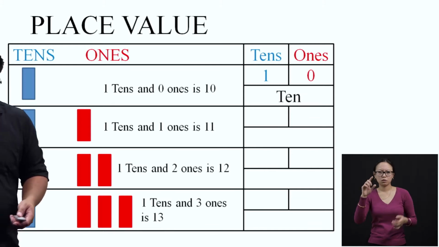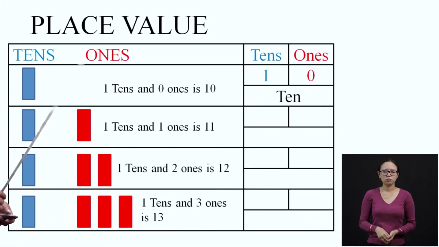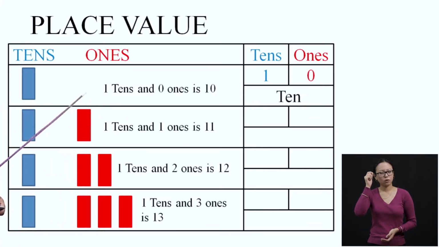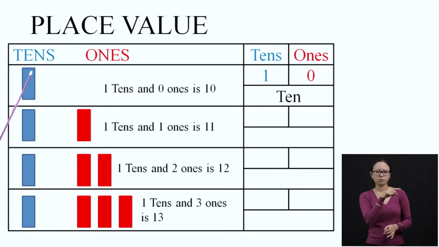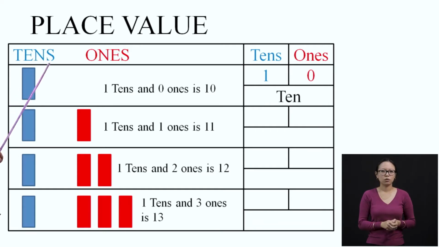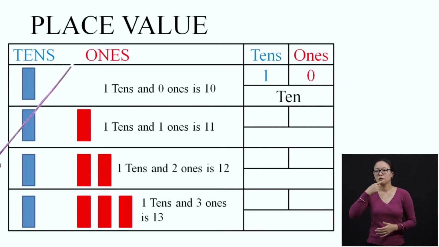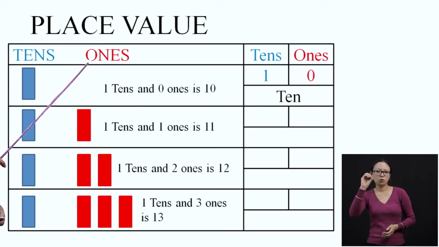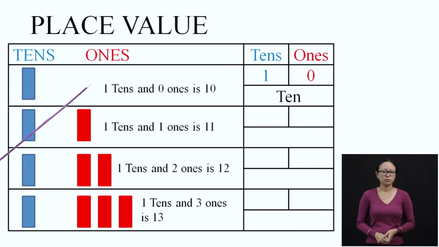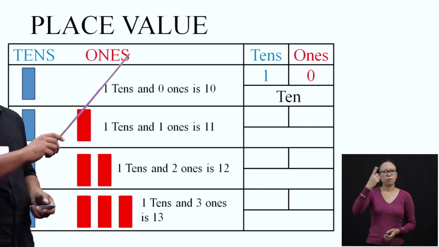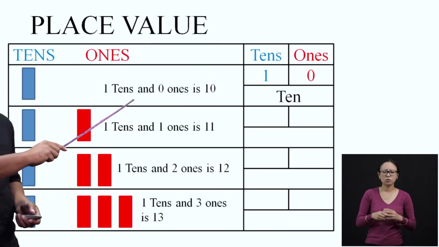Now, let's try to understand this even better, okay? Let's look at this figure here. The blue strip represents tens place, okay? And the red strip represents ones place, all right? So in the first example, it is already solved. So please look at this first example.